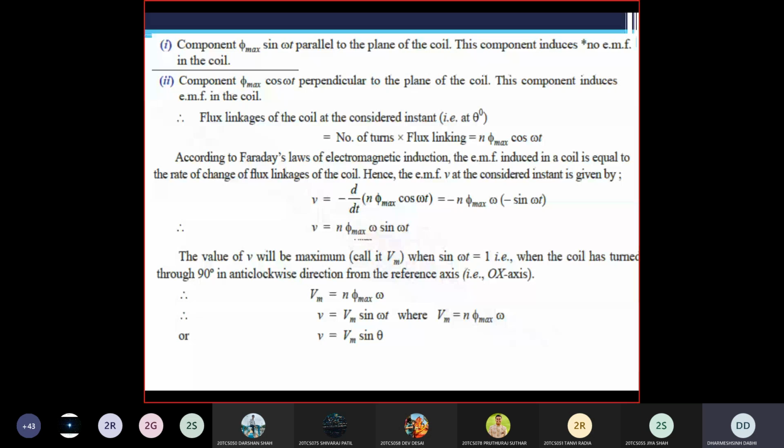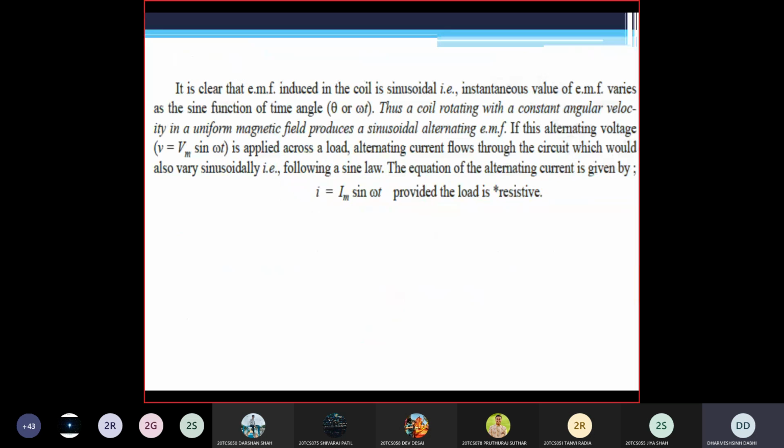So the alternating current equation becomes I = Im sin omega t. But that equation is only applicable when your load is resistive. Clear? For an inductor or capacitor, this equation is not applicable, because as we know, the relationship between voltage and current is different in the case of an inductor and capacitor.